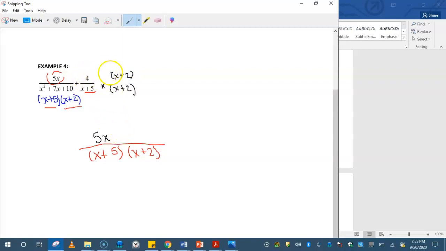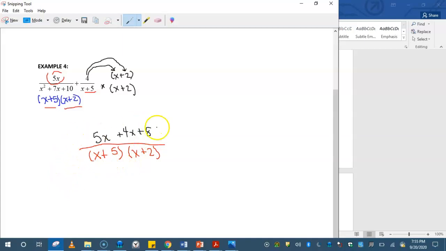And when I do that, the denominator is our least common denominator, so we're not worried about that. The numerator, I would end up with a 4x plus 8, just using the distributive property. So I would have a plus 4x plus 8.